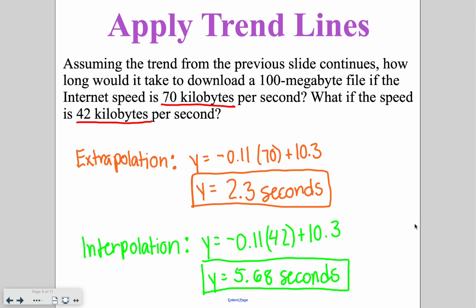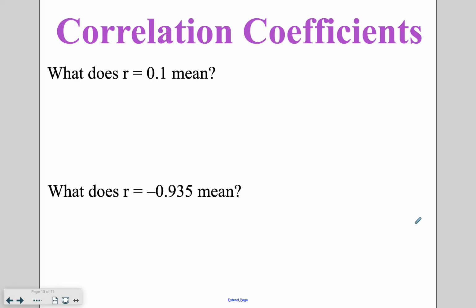So now that we've talked about how we find those trend lines, we're going to circle back to this correlation coefficient. So the correlation coefficient tells us how well the line matches. So whether it's a really tight fit to the line or whether it kind of follows the line but is a lot more spread out.